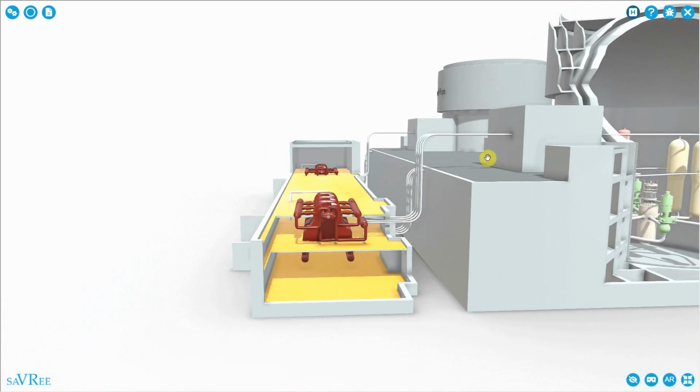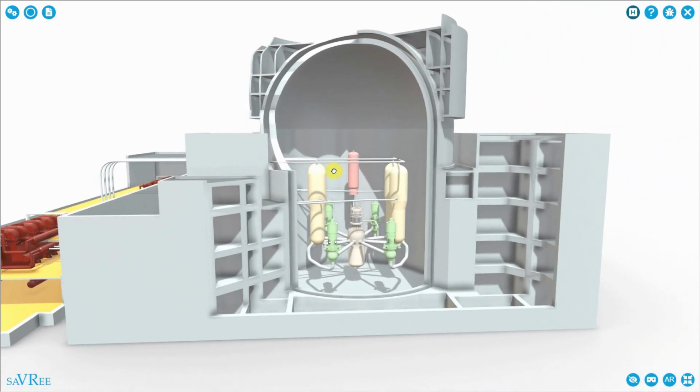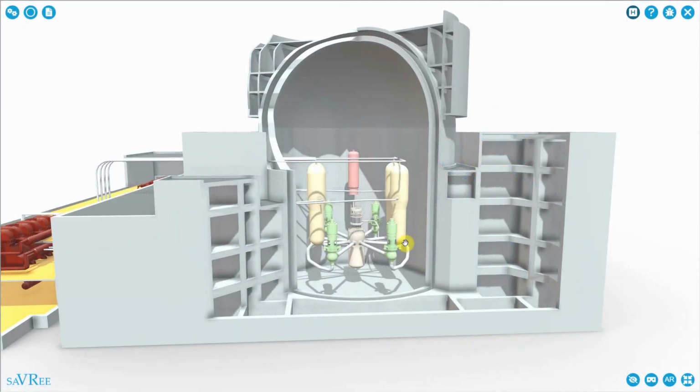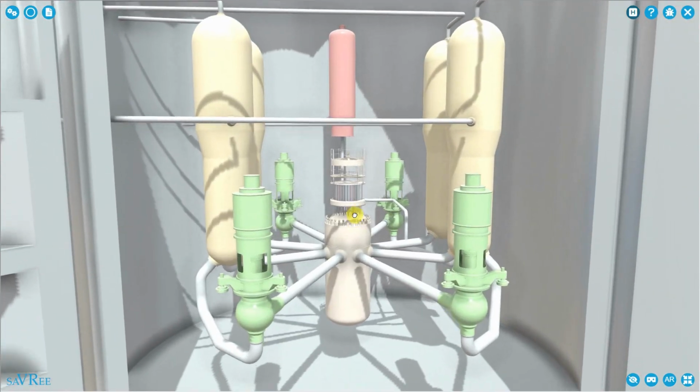To the right though, we've got our nuclear island, and what we've actually done is we've changed our heat source. Instead of using the chemical energy from coal or gas, we're going to use the energy from a nuclear fission reaction. We're going to harness the heat from that reaction and use it to boil water and create steam.